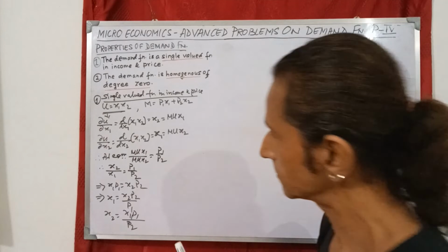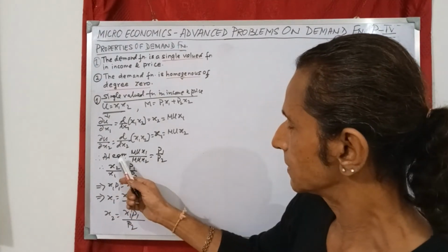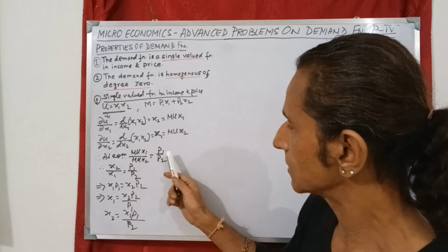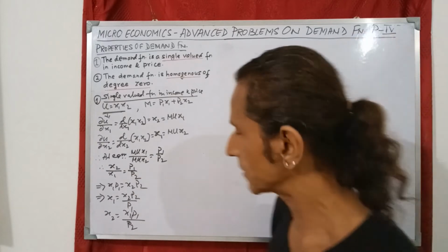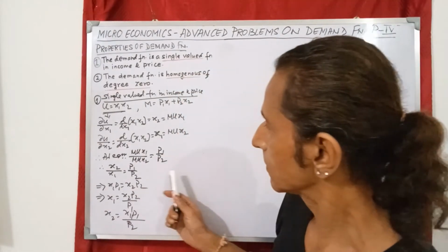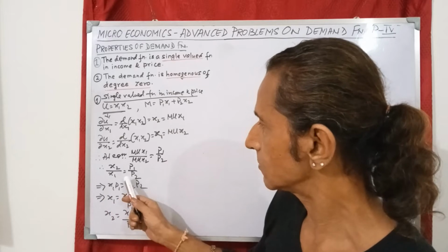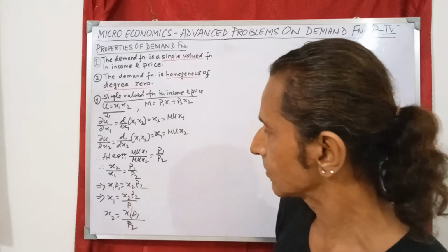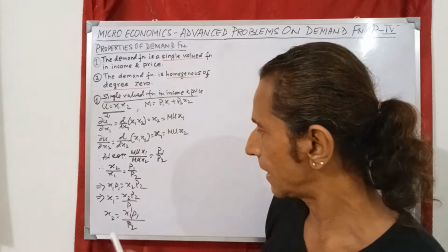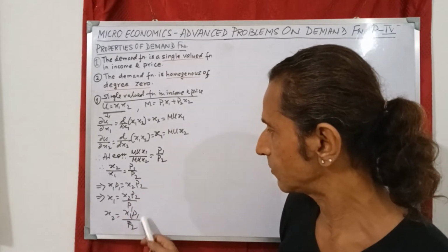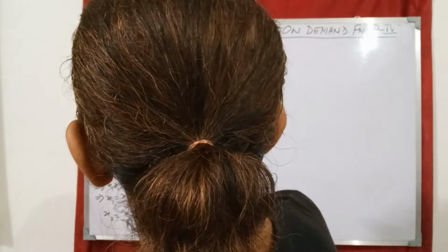So here, this is the original condition of consumer's equilibrium, that is where the consumer is maximizing his satisfaction. So x2 by x1 is equal to p1 over p2. Therefore x1 equals x2 p2 by p1 and x2 equals x1 p1 by p2. Now look at this budget constraint.